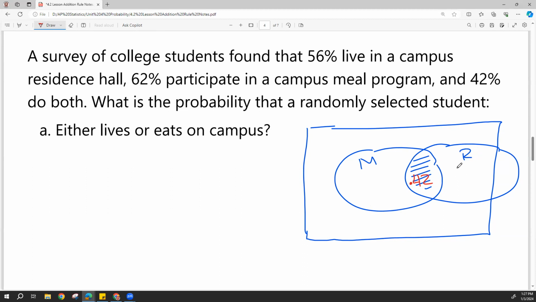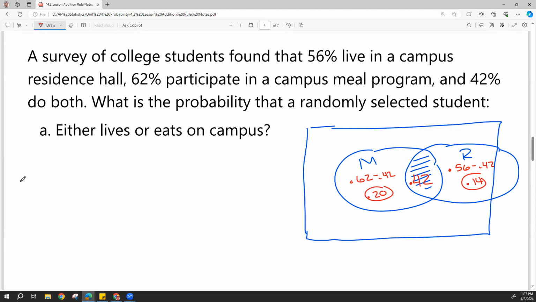And so we are going to say in this portion, there is 0.56 minus 0.42, which is 0.14. 62% have a meal program, but 42% of them are already over here. And so 0.2 are right there.